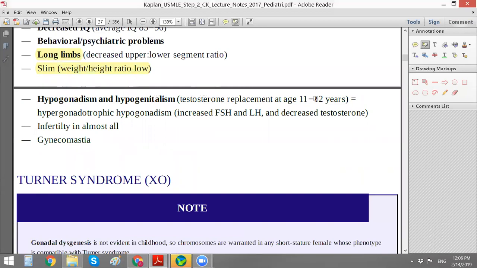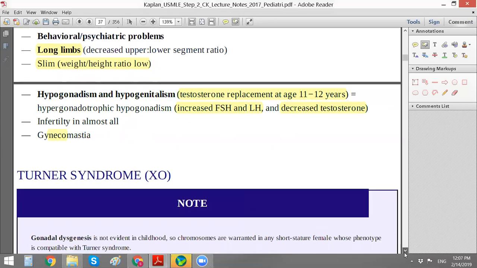So testosterone replacement at 11 to 12 years, and hypergonadotropic hypogonadism, meaning there is increased FSH and LH and decreased testosterone. So when testosterone is low, FSH and LH become increased. Infertility in almost all, and gynecomastia. A very important feature. Hypogonadism, hypogenitalism, but hypergonadotropic hypogonadism.